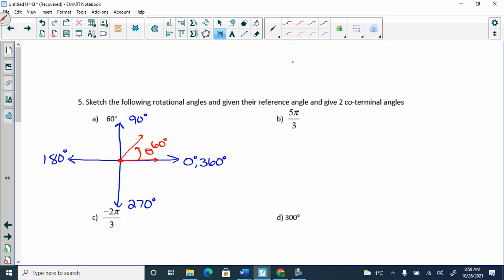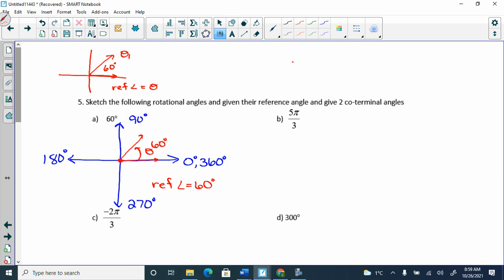What do we notice about this one? What's the reference angle? So in quadrant 1, what are my reference angles? The angle, right? So let's look at this up here for a second before we go and do these. If we're in quadrant 1, so say we're 60, we're in quadrant 1, your reference angle equals your angle. So any angle in quadrant 1 is your reference angle, right?